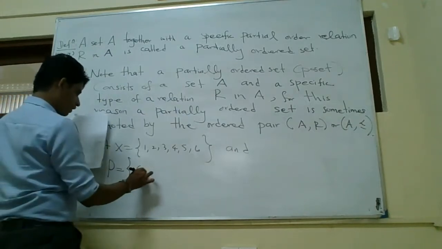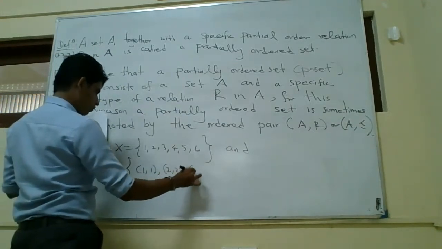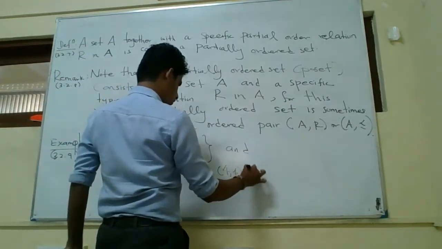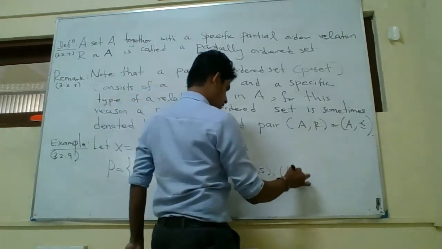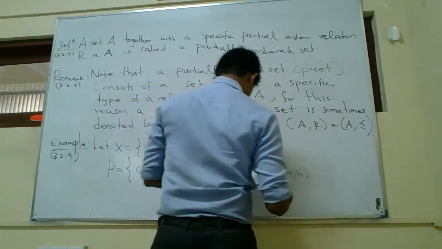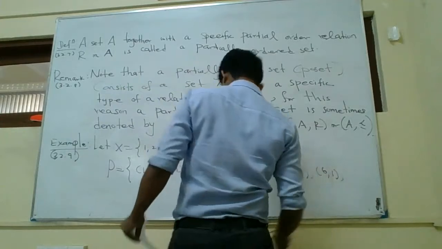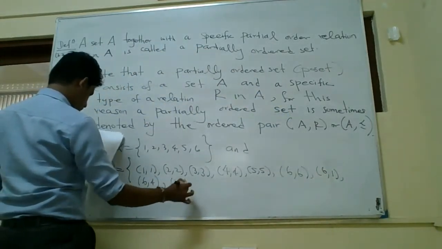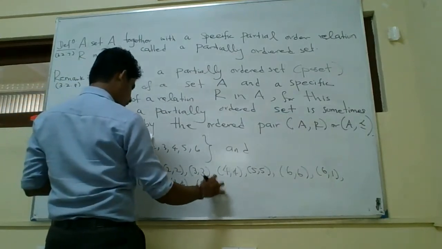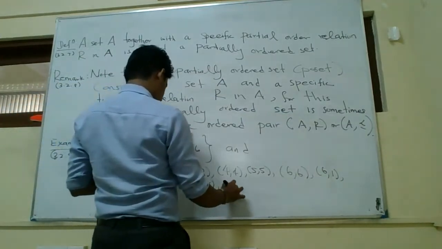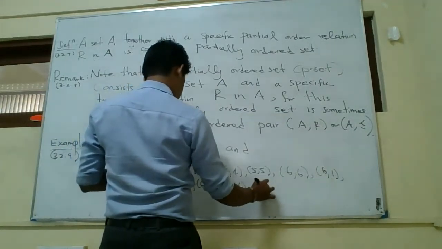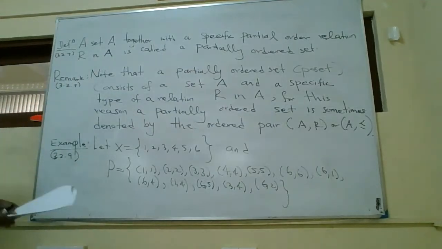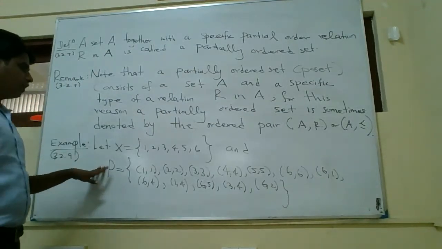It consists of (1,1), (2,2), (3,3), (4,4), (5,5), (6,6), (6,1), (6,4), (1,4), (6,5), (3,4), (6,2). Is it okay? They give the relation P, this one.